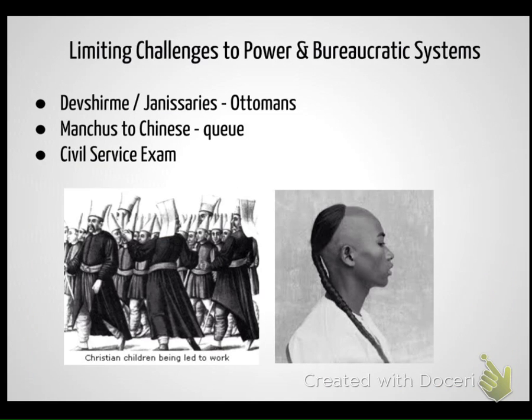But there are some limits and some challenges to bureaucratic systems. In the Ottomans, here's what I was talking about before, they had the system of devshirme, where we see a picture right down here, where Christian children were essentially given to the Ottoman Empire, and then they were allowed two paths.